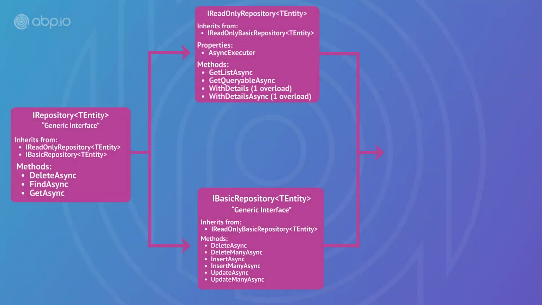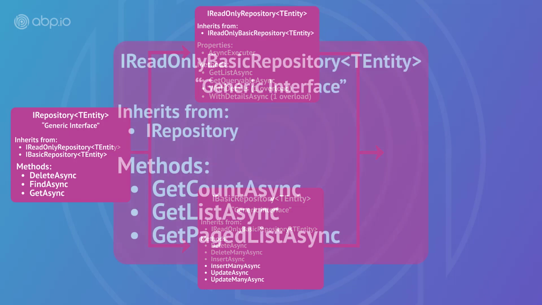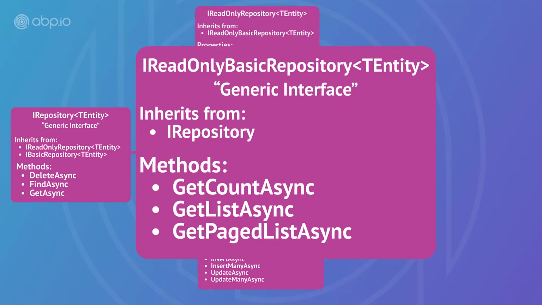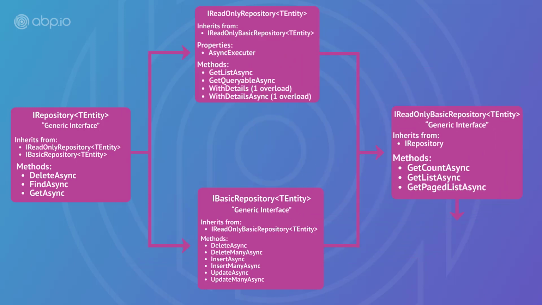Both the IBasicRepository of the TEntity and the IReadOnlyRepository of the TEntity inherit from the IReadOnlyBasicRepository of the TEntity, which has got these 3 methods, the GetCountAsync, the GetListAsync, and the GetPagedListAsync. And it inherits from the IRepository, which is an empty interface, only to mark these classes as a repository.